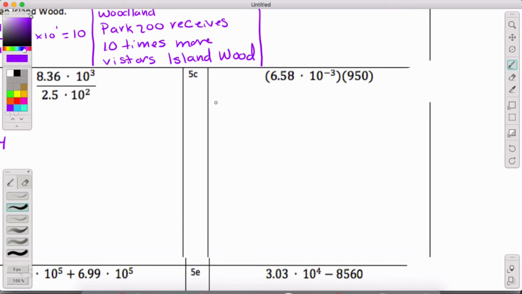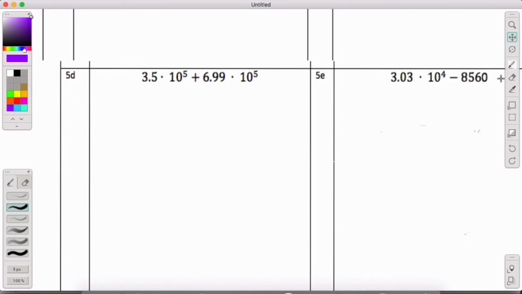For scientific, you would have had 6.251 times 10 to the 0, or 6.251. 5D. Your answer here, scientific, would be 1.049 times 10 to the 6th power, or you could have had standard form as 1,040,000.